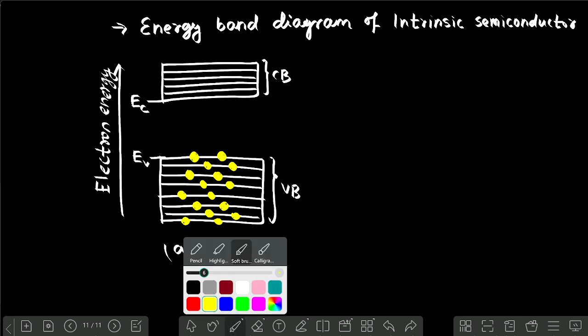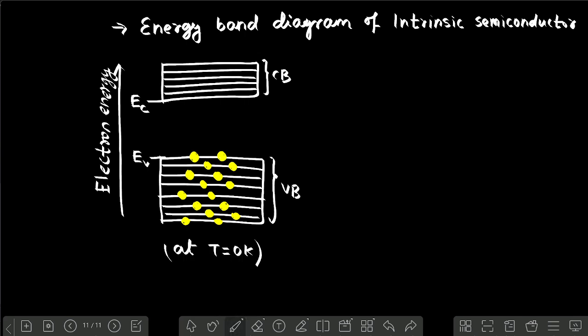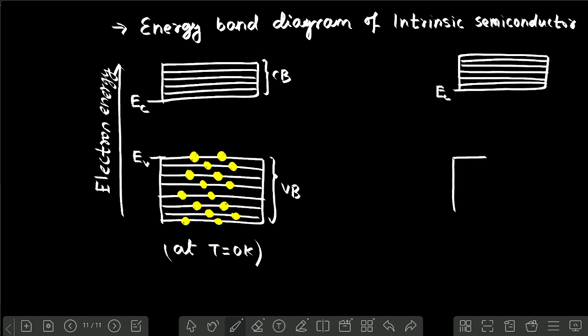Similarly, do the diagram for T greater than 0 Kelvin. First do the conduction band here. This is your EC. And down you do the valence energy band.